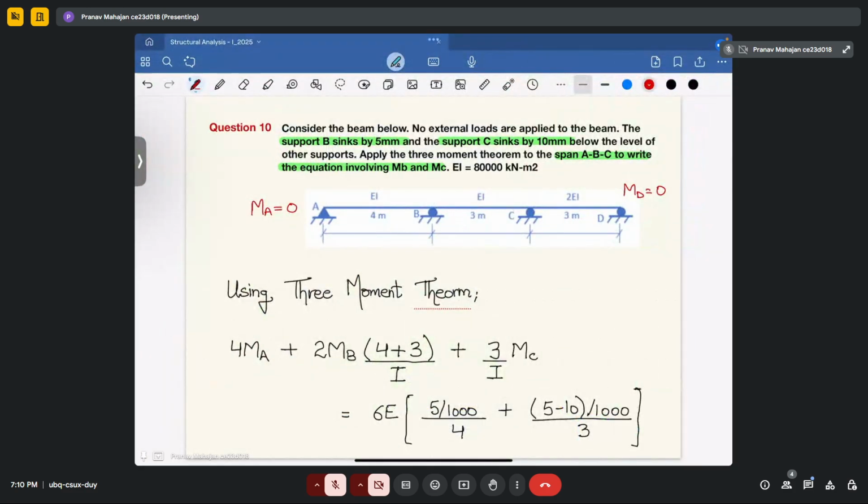Then you will be able to solve for the values of MB and MC. So we have one more method, that is the three moment theorem, that can also be utilized to determine unknown redundant forces in statically indeterminate beams.